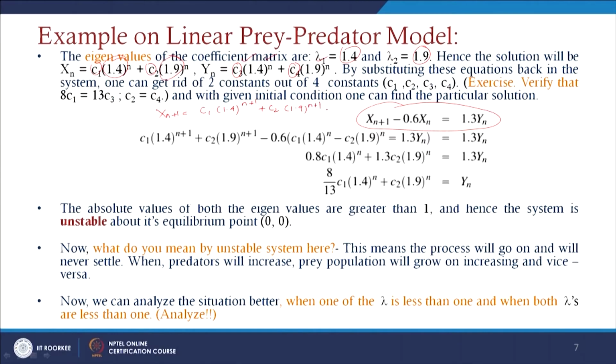So that we are replacing here in terms of x_{n+1} minus 0.6 into the solution, whatever is written, C1 (1.4) to the power n plus C2 (1.9) to the power n. So this equals 1.3 y_n here.